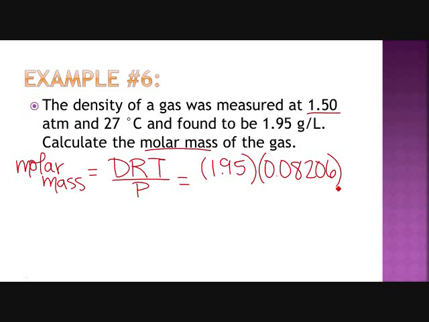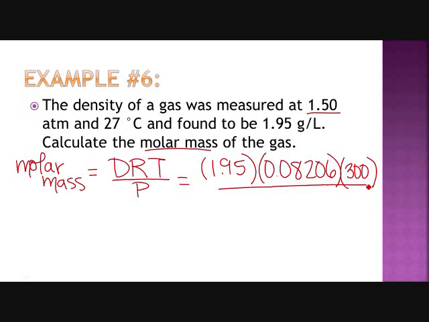So 27 plus 273 would be 300 Kelvin. Where did 0.08206 come from? It's the R value in the ideal gas law, and it's on the page 13 side of the equation sheet. So you'll have that. You get to use this equation sheet on tests and quizzes, so that's why you have it, so you can learn where things are.